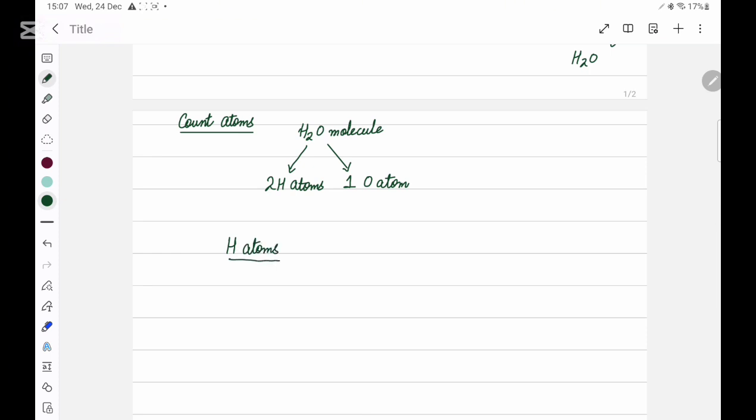They would be 6.02 times 10 raised to power 23 multiplied by 2, because there are 2 hydrogen atoms. So it contains 1.2044 times 10 raised to power 24 hydrogen atoms.